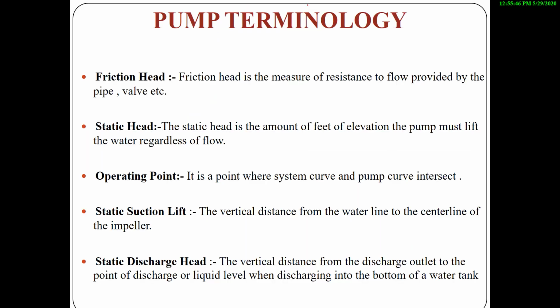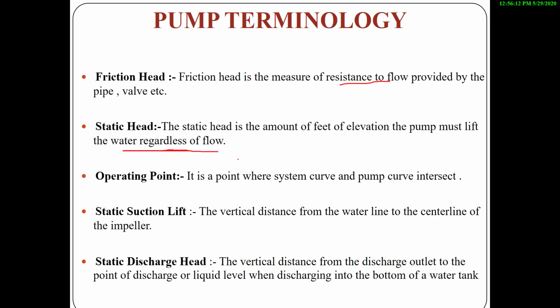There are some pump terminologies available, that is friction head, static head, operating point, static suction lift, and static discharge head. Friction head is a measure of resistance to flow provided by the pipe, valve, etc. Static head is the amount of feet of elevation the pump must lift the water regardless of flow.